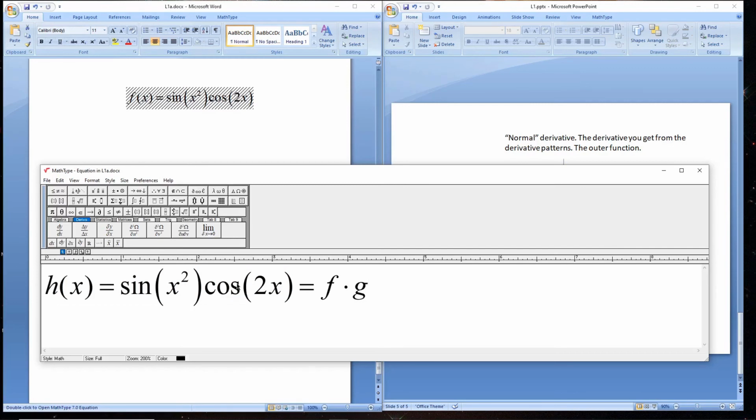And what else can you see? You can see the argument of sine is not just x. So there's going to be a chain rule here. You can see the argument of cosine is not just x, which means there's another chain rule here. So this is going to be a two-chain rule product.